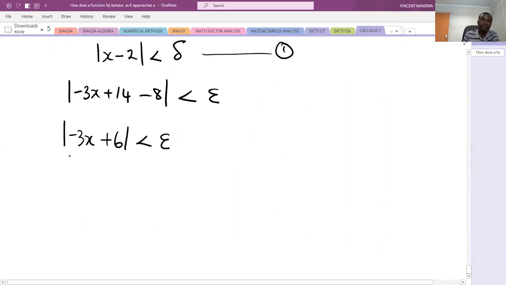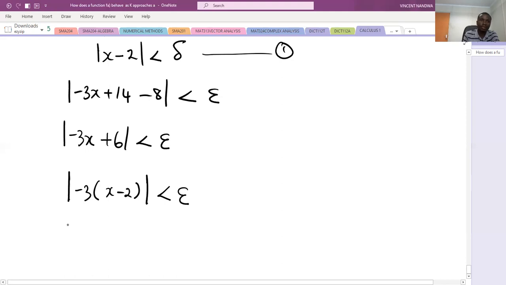And if you do factorization, you have minus 3 into x minus 2 is less than epsilon. Remember, you do the factorization so that what you have is the same as this x minus 2.